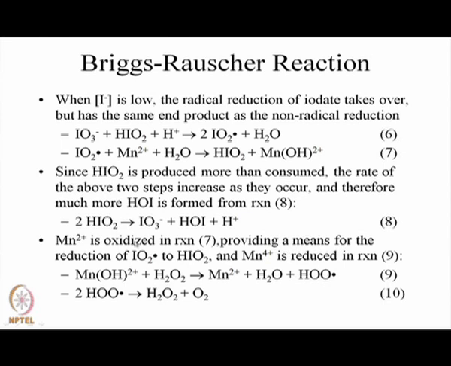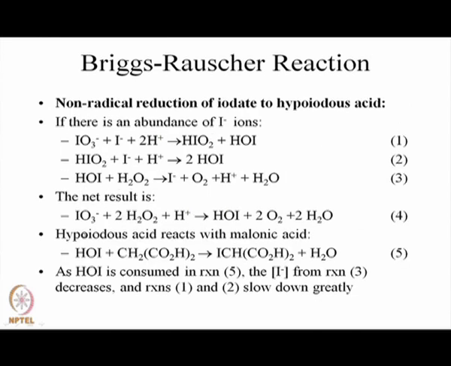In the radical step, you see that when I minus is low, HIO2 is generated. More HIO2 means this step will take place, and more HIO2 means, in presence of H2O2, more I minus is generated. So, even for the radical process, this step is again prevalent.